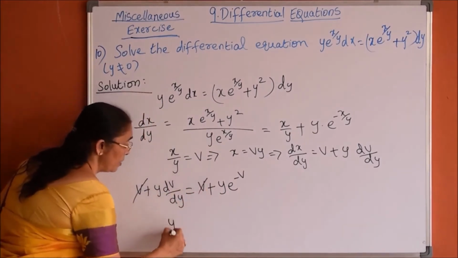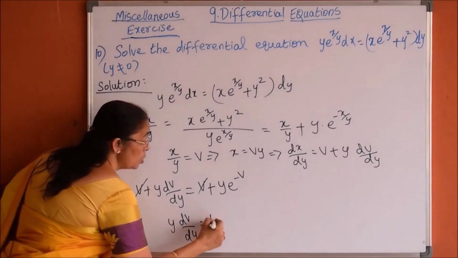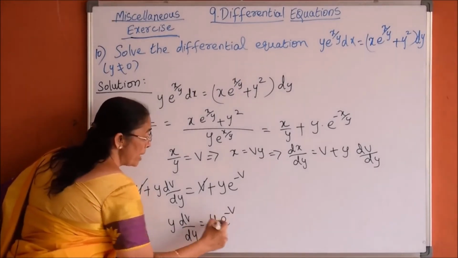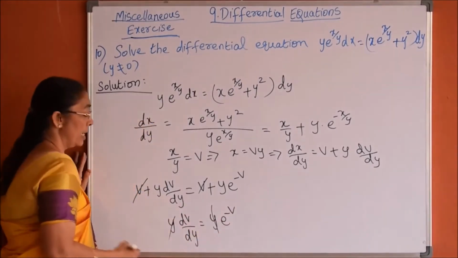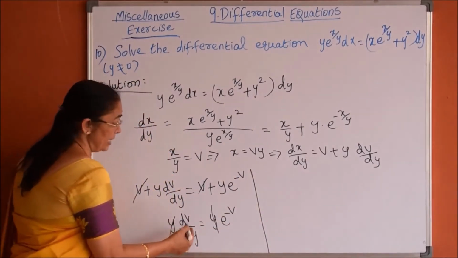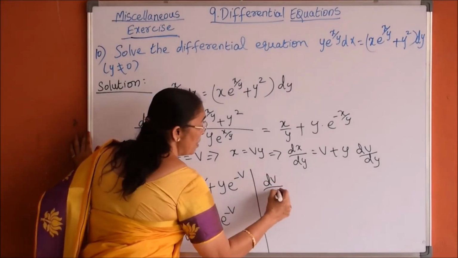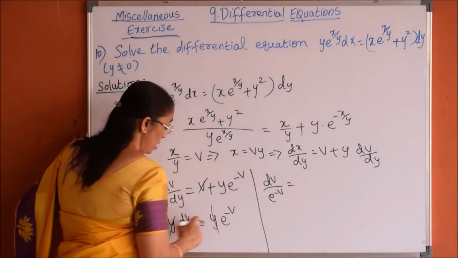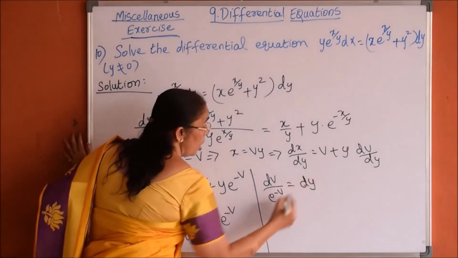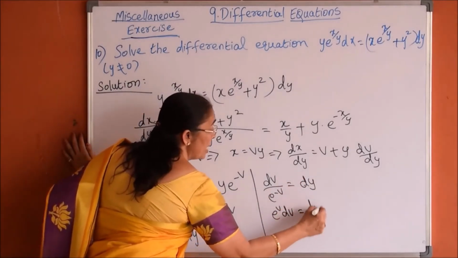We are left with y into dv by dy is equal to y into e power minus v. Again y gets cancelled. Now, we can separate the variables. We can rearrange this and write it as dv divided by e power minus v is dy, or e power v dv is equal to dy.